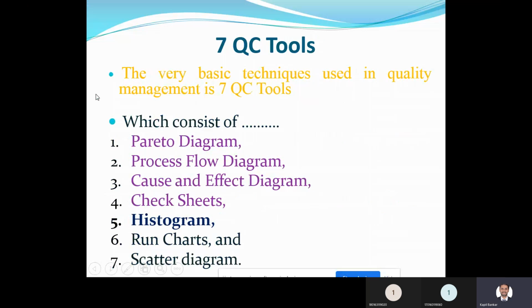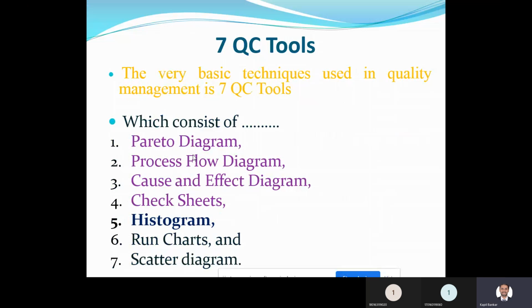So in Pareto diagram, we have already discussed that. Pareto diagram is a diagram in which you can collect all such items in which some defects have occurred, and you can arrange these items in descending order, from leftward to rightward.